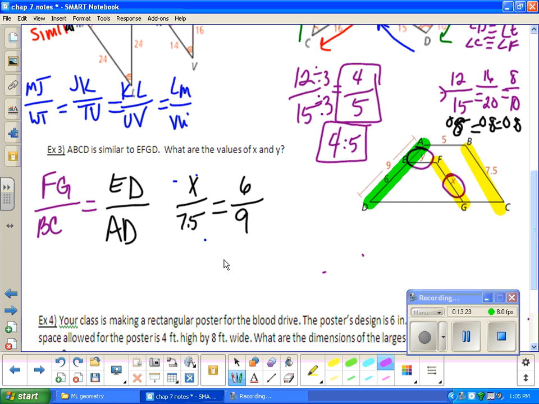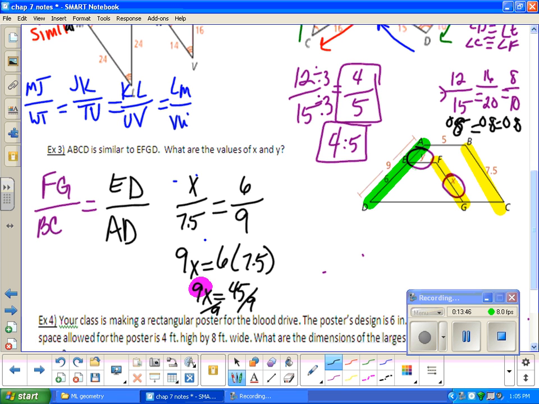So now I'm going to use what I learned in 7.1, which is cross multiplication. I end up with 9x equals 6 times 7.5. And that becomes 9x equals 45. Divide both sides by 9. And x equals 5.